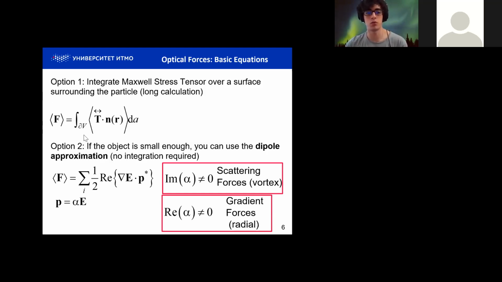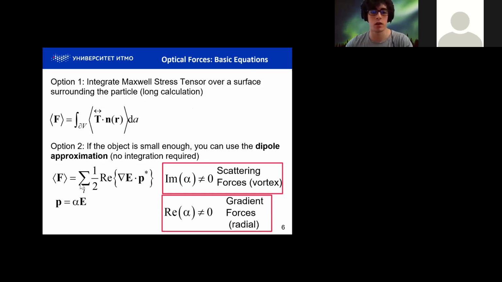Then a second option, which is actually easier, is to consider that your particle is like a dipole, and then you can directly evaluate this expression without the need to make any volume integral. The advantage of the second approach regarding COMSOL is that for the first case, for the integration of the Maxwell stress tensor, you actually need to draw the particle, and you need to change its position in a parametric sweep every time you want to see the force at different positions in the system.